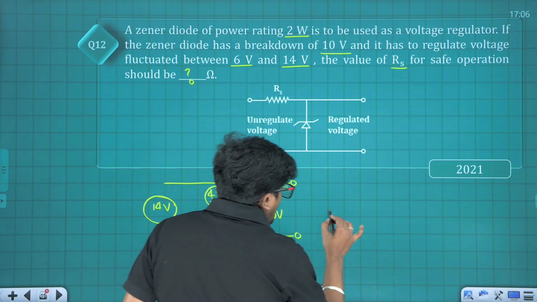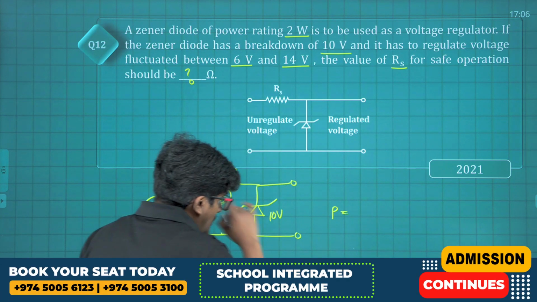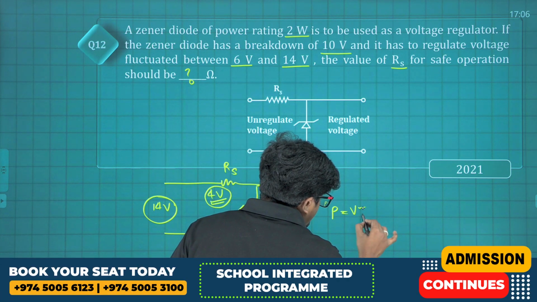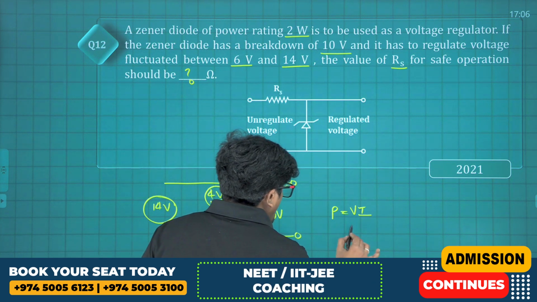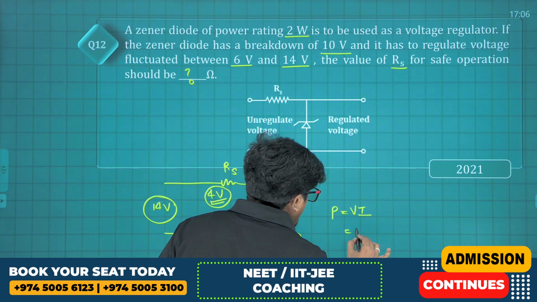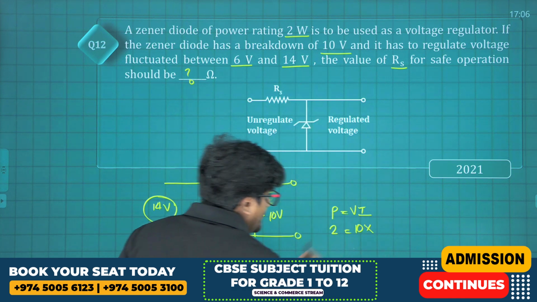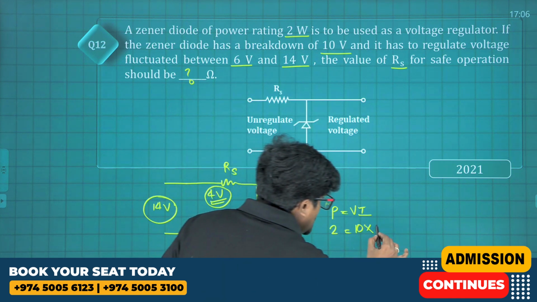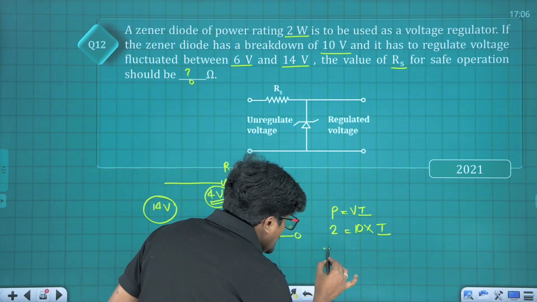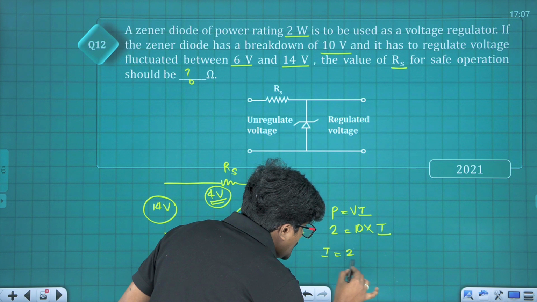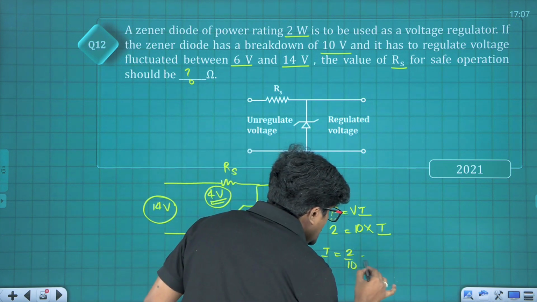We know that power P is V into I. V is 10 and power is 2, so the permissible current I is 2 by 10, that is 0.2 ampere.